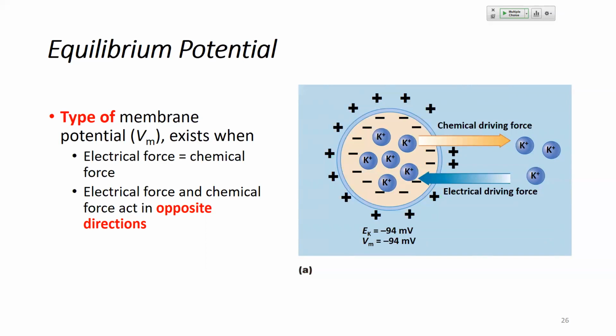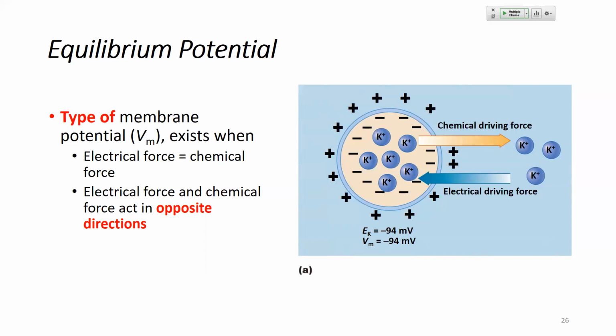The equilibrium potential is the membrane potential that exists when the electrical force is equal to the chemical force. They're the same amount, same magnitude, but they are acting in opposite directions. Hence, there is no movement of the particle in question. Okay, does everyone understand that? It's going to be very important for what we're going to talk about going forward.